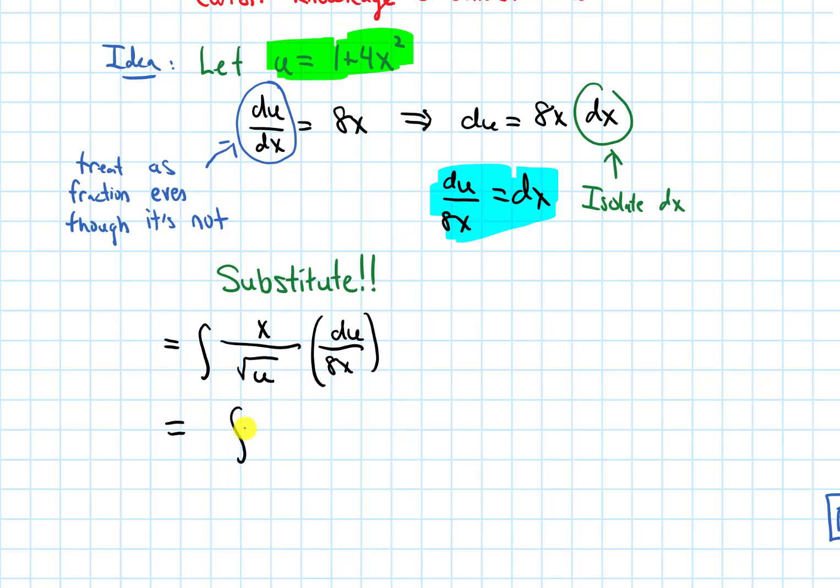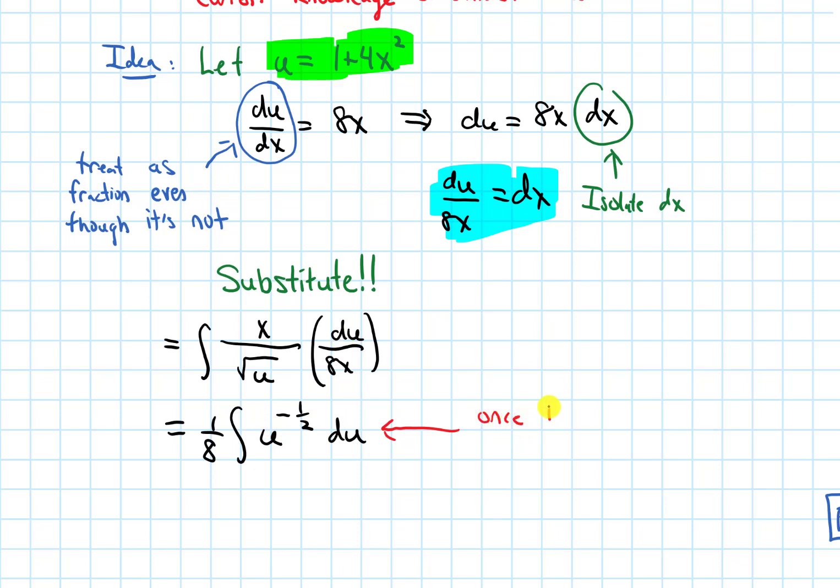This 8 is a constant, so I can pull that to the front as a 1 over 8. Then I'll be left with 1 over square root of u, which I can rewrite as u to the negative 1/2 du. And now all of the x's are gone, and the only variable I have is u.